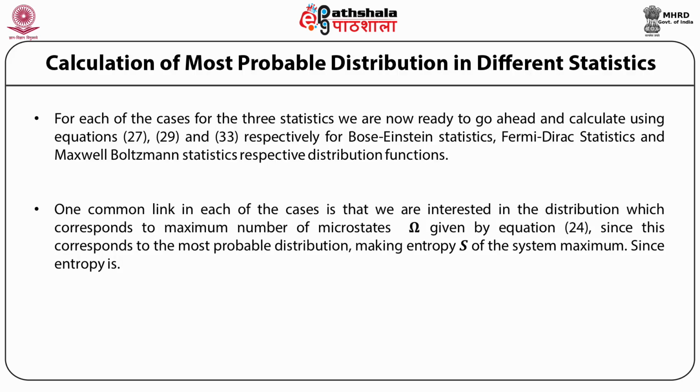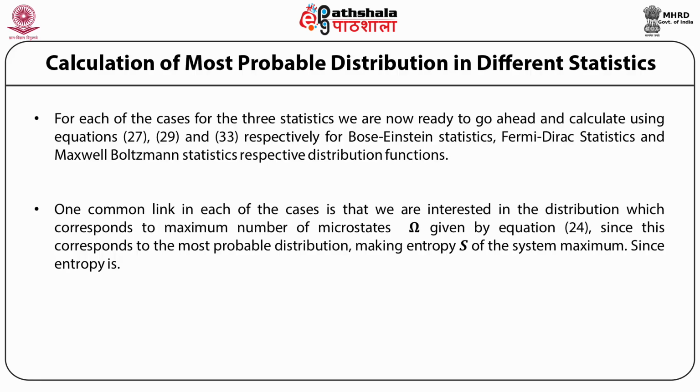One common link in each of the cases is that we are interested in the distribution which corresponds to the maximum number of microstates omega given by equation 24, since this corresponds to the most probable distribution, making entropy S of the system maximum.